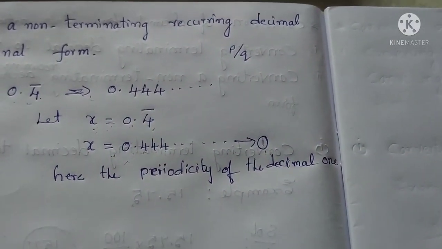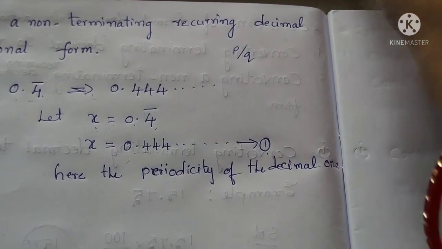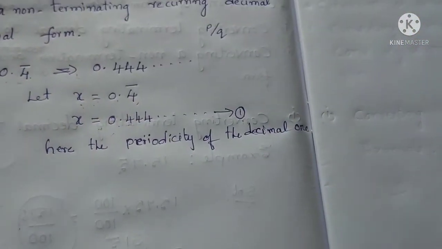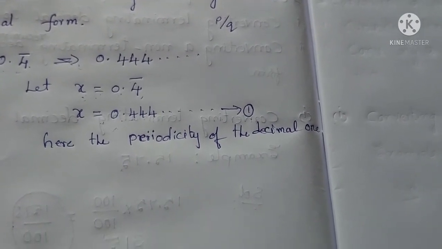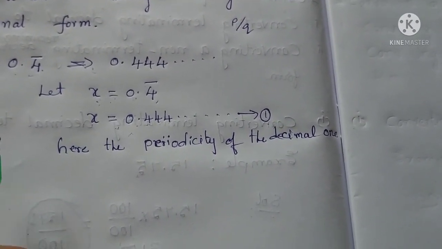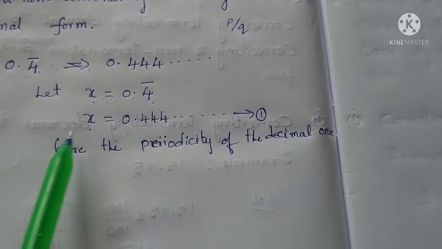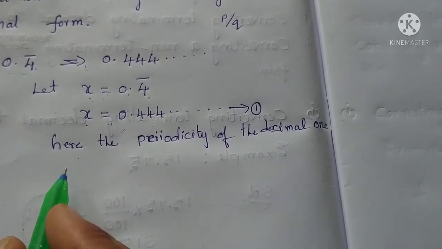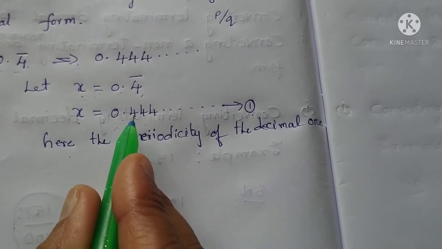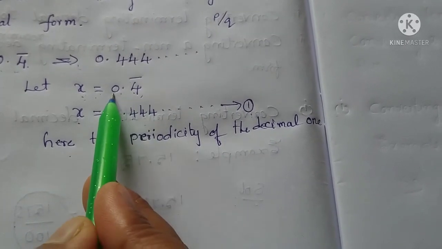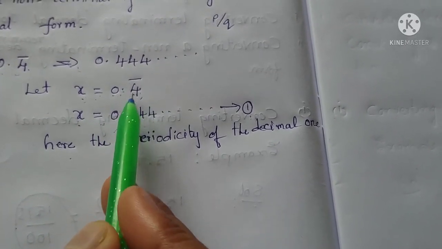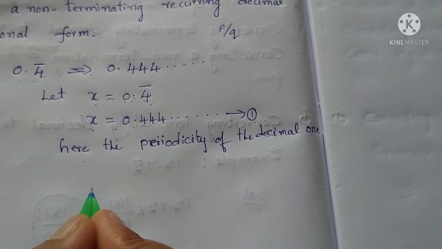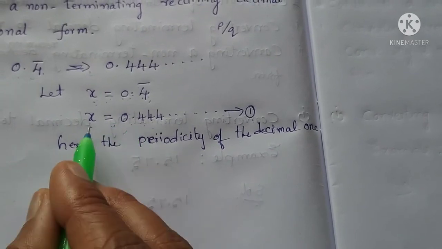Then we have to multiply. So we multiply both sides by 10. Understand here? After the point, how many decimals are there? 1 is there. So we have to multiply 10 with both sides of equation 1.